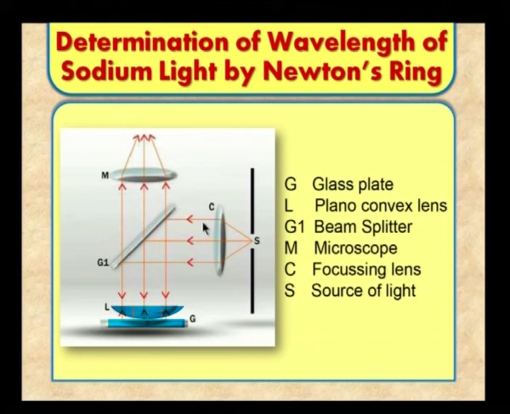That means it splits the light, partly sending it to the lens and plate system, and partly transmitting it. We are not concerned about the transmitted beam, only the reflected light beam, which comes back after reflection from the glass plate. You have the air film here, M is the microscope through which you observe, and C is the focusing or condensing lens.